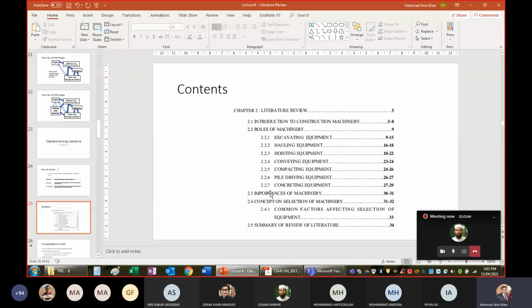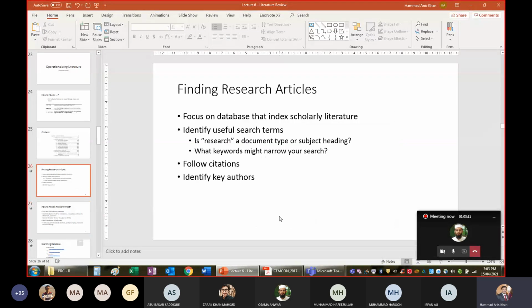So his research will be more focused on the selection of the machinery, and in the end he has given a summary or review in which he will identify the problem which he will tackle. He will conclude this chapter on a problem statement, which was the gap in this literature review survey.